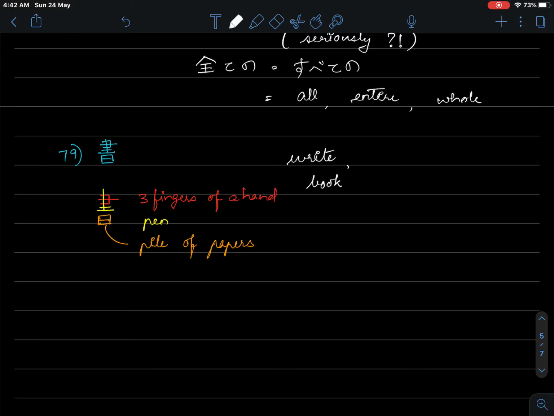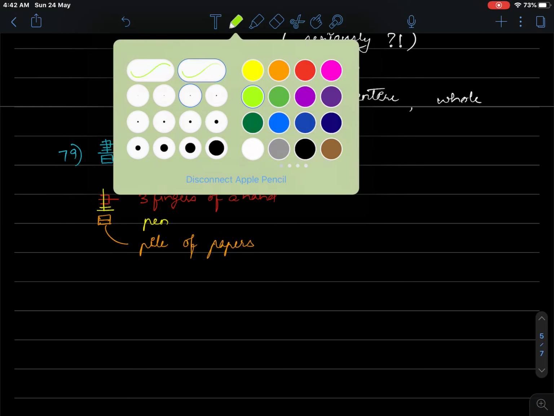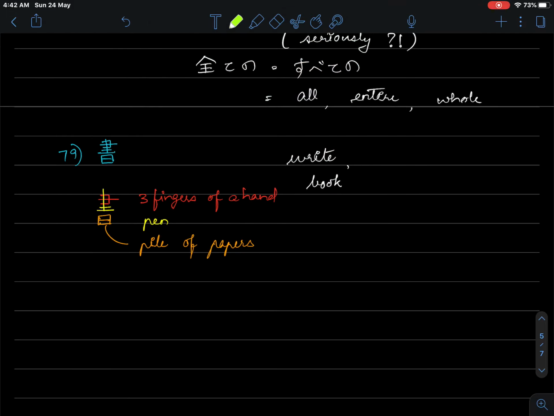So let's now look at the on and kunyomi. Again, some very similar kind of kunyomis, which makes it easy to remember. So you have kaku, oh, I apologize, it's gaki, kaku, gaki, and gaki.